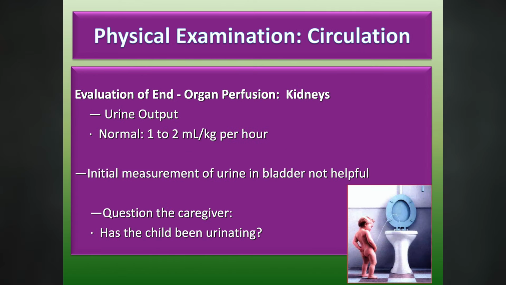So as we continue with circulation, we're looking at end organ perfusion, specifically long-term management anyway of the kidneys. So what we want to know is the patient continuing to make urine at 1 to 2 milliliters per kilogram per hour, and this will be measured throughout his or her stay in the hospital, especially a child who is or was hypoperfused or shocky.